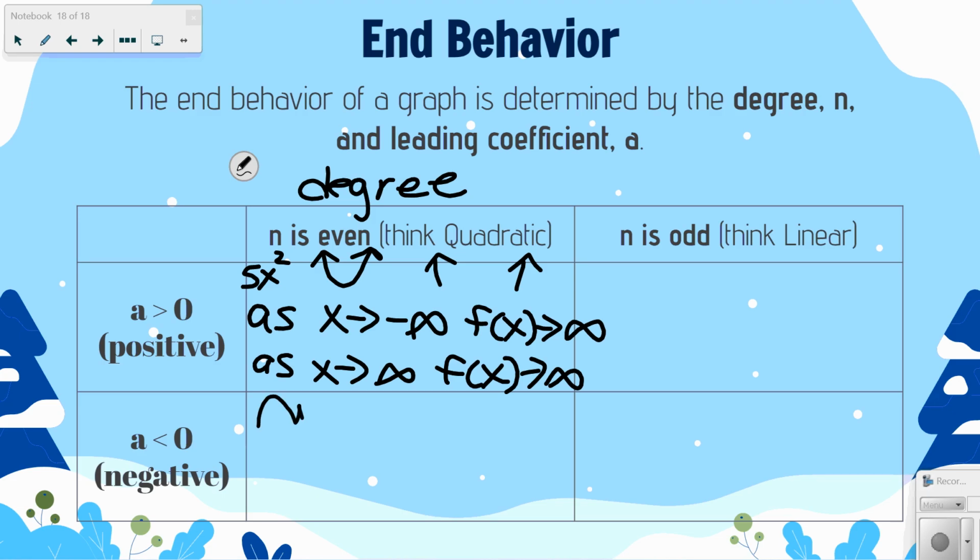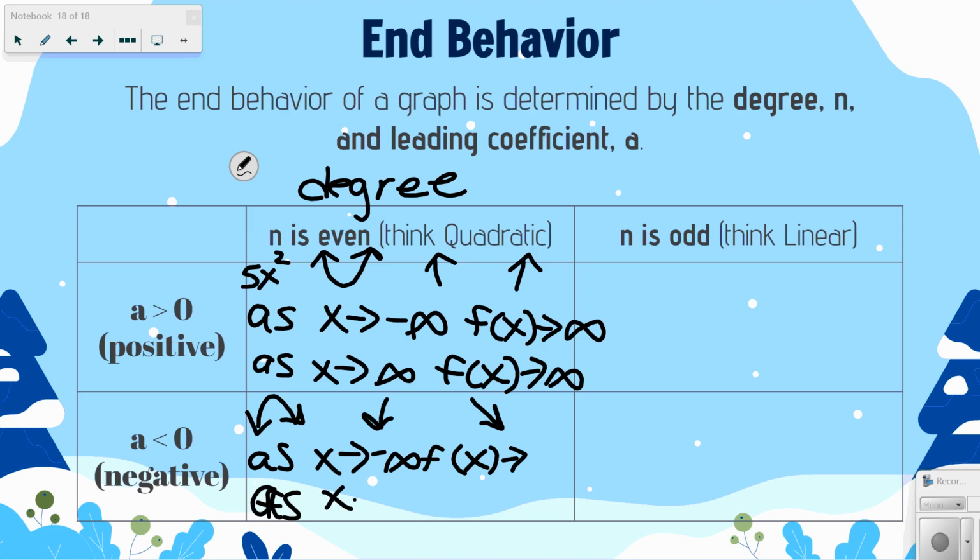So think about this looks like an upside down U. So both the ends of my graph are going down, which means with my end behavior, as x approaches negative infinity, what would f of x approach? What do you guys think? I would approach where for both of my end behaviors? Good. Both going down, meaning negative infinity.